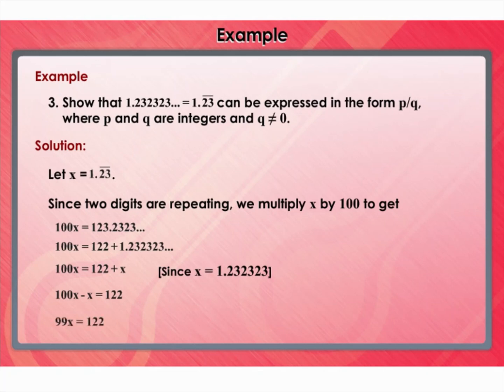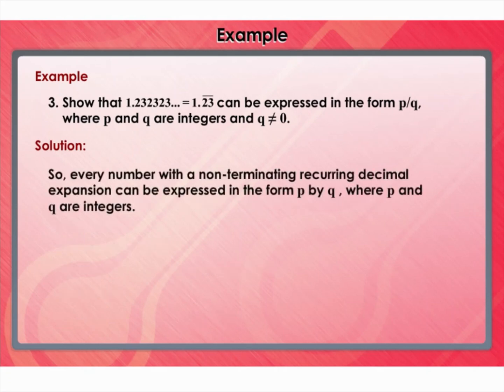Therefore, 99x is equal to 122. We get x is equal to 122 by 99. So, every number with a non-terminating recurring decimal expansion can be expressed in the form p by q, where p and q are integers.